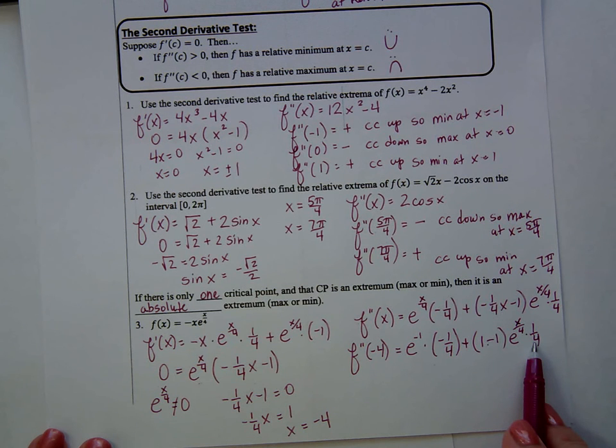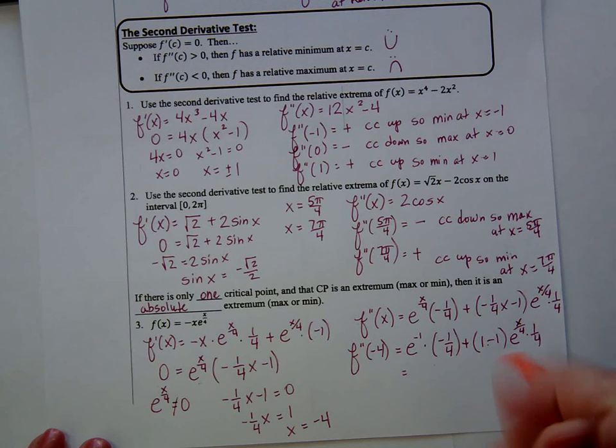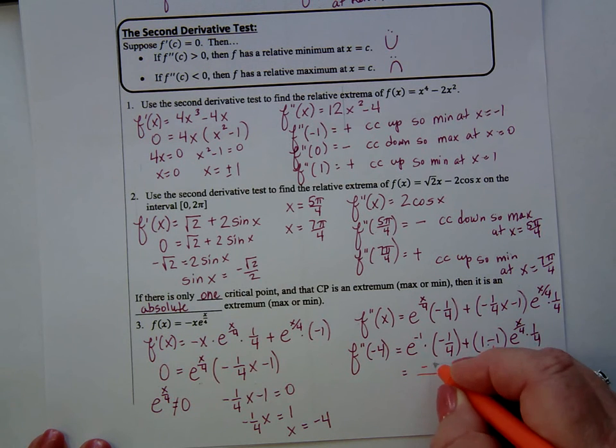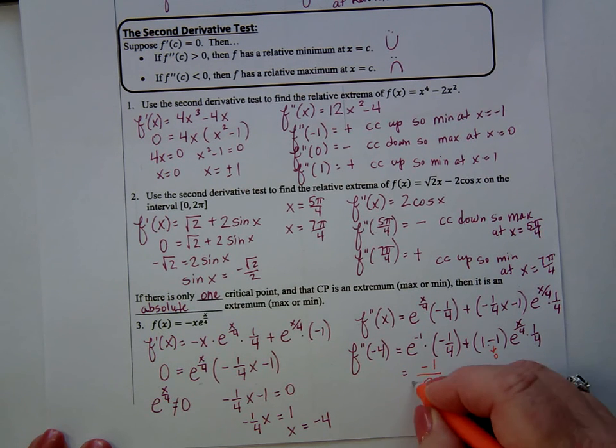So what I have is this beginning term, because the second part becomes 0, which means that whole term zeroes out. This becomes a fraction that's negative 1 over e with a 4 in front.